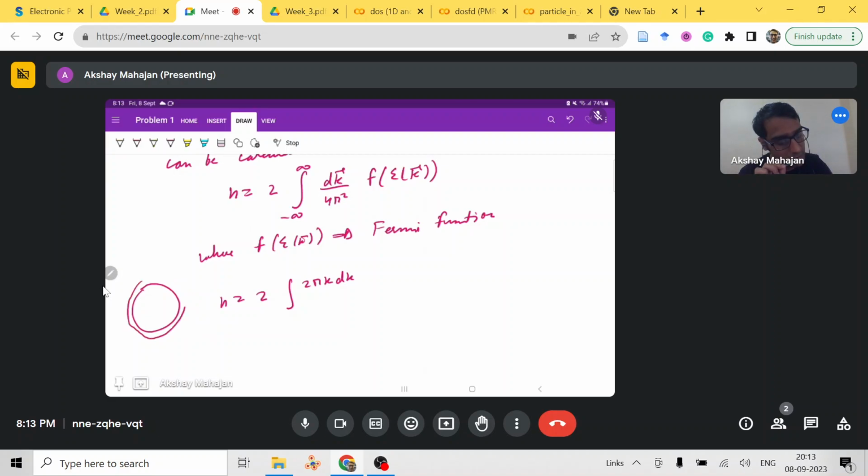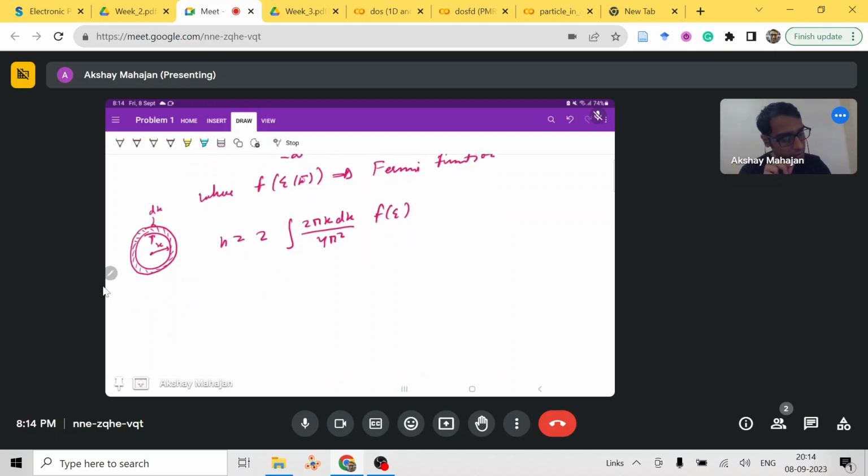Alright, this is your dk, and this area will be our dk vector. This is the dk length, and this will be like the k radius, so this area will be 2 pi k times dk. That will be our dk vector, divided by 4 pi square times whatever our f epsilon is.